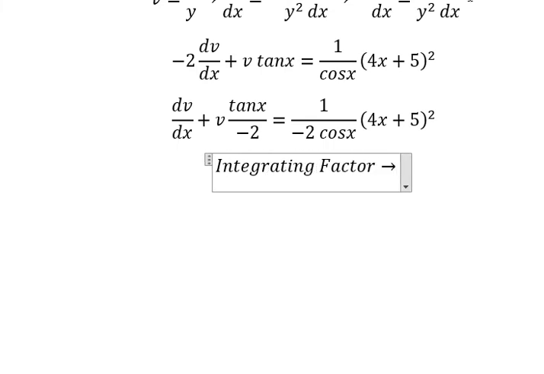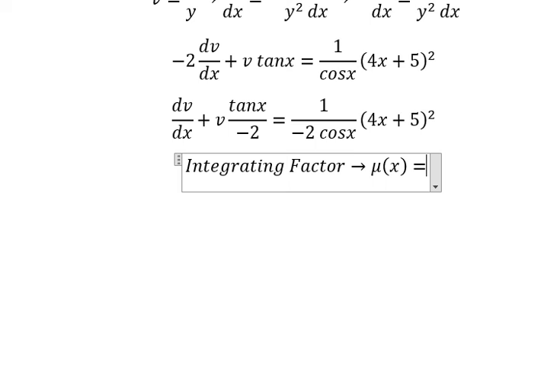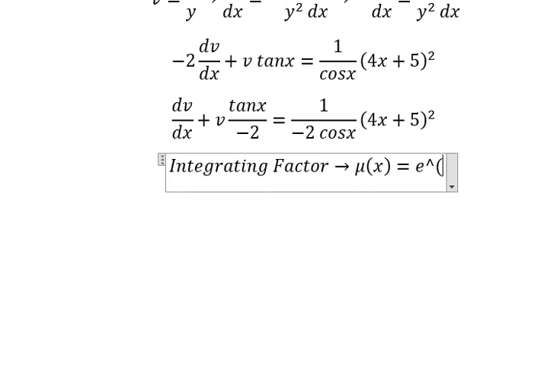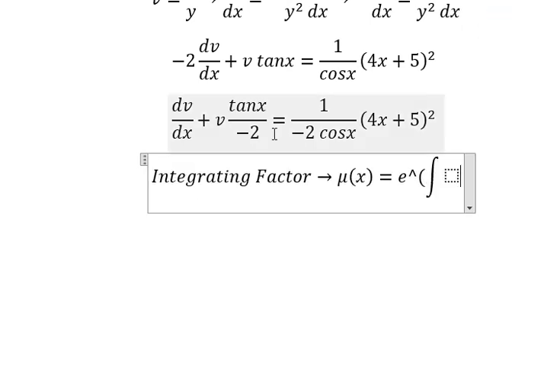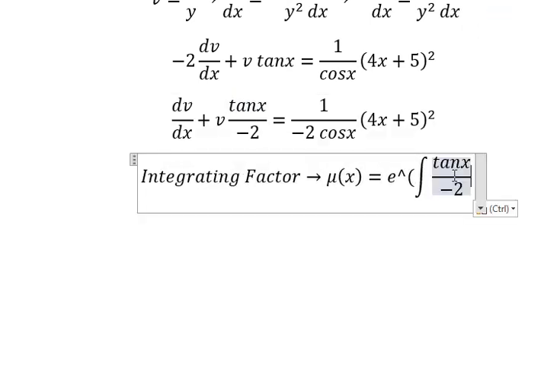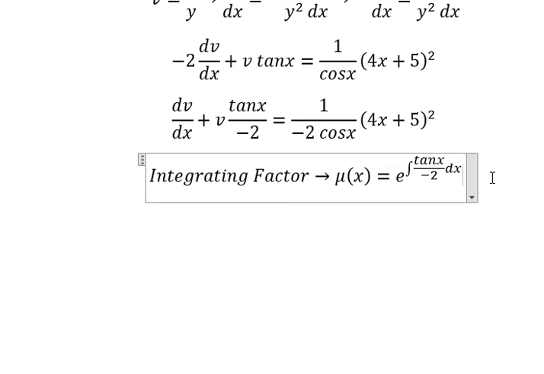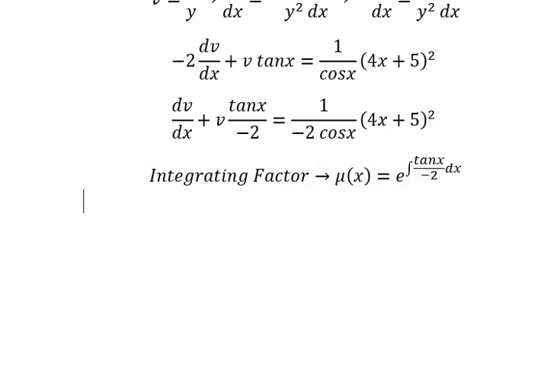So we need to find mu of s equals e to the power of the integration of this one. So I will put negative 2 outside.